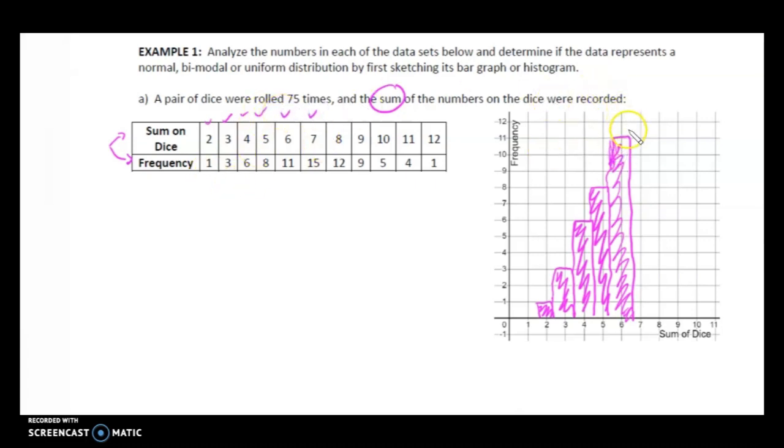The sum of 7, the frequency is 15. Oh, I have to change the graph. I apologize. Frequency is 15. So we'll put it up there. The sum of 9, the frequency is 9. The sum of 10, the frequency is 5. Oh, 8, I'm missing. Frequency was 12.